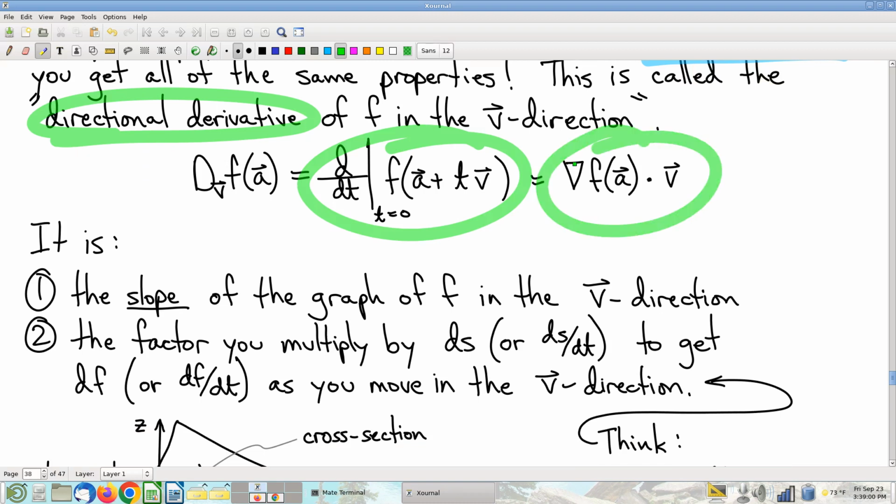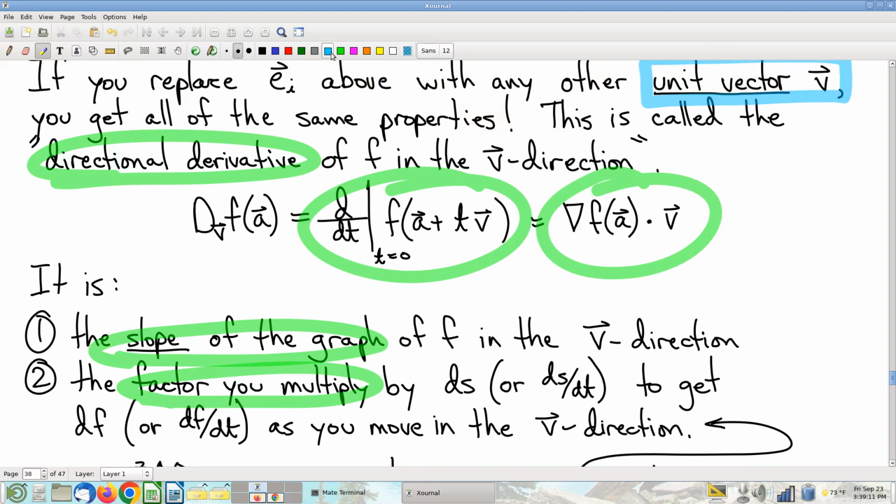Computing with a dot product with the gradient should give us the slope of the graph, should give us that multiplicative factor, all with respect to looking in the direction described by this unit vector V now, not a standard basis vector, still a unit vector, but just describing another direction.